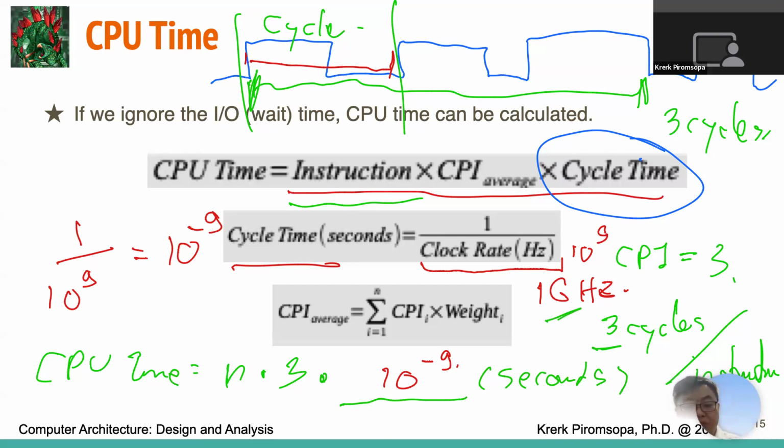We know the clock speed. We know that the instruction would take some number of cycles to process. Given an instruction, you can just do calculation. So this is how we come up with CPU time, by counting, by simple calculation.